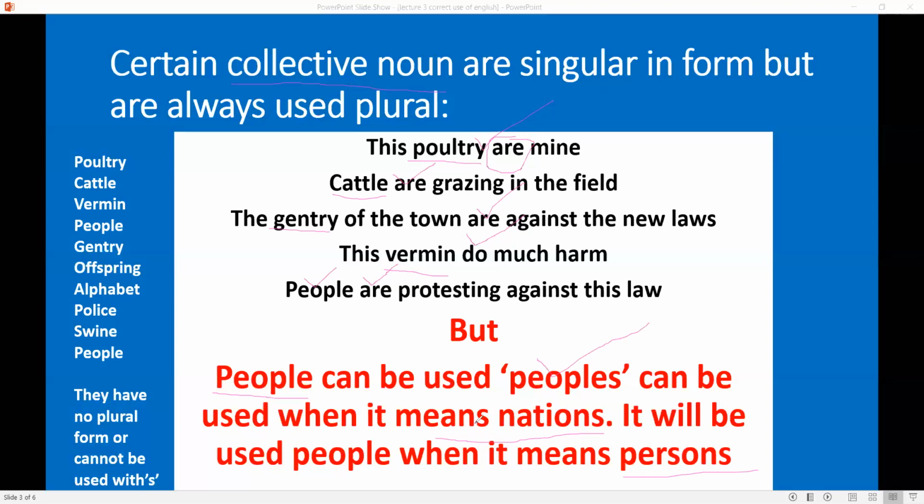I repeat, when people represents persons, it has no plural form, but it has plural function and takes a plural verb. But when people means nationalities or nations, it can be used as peoples. In both cases, it will take the plural verb.